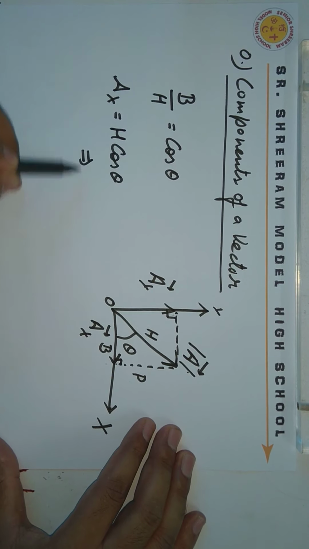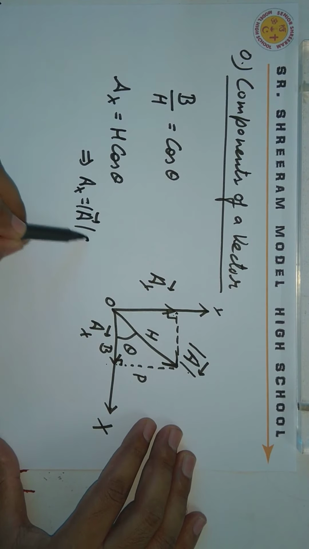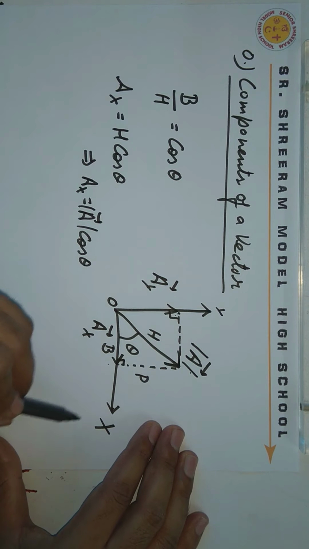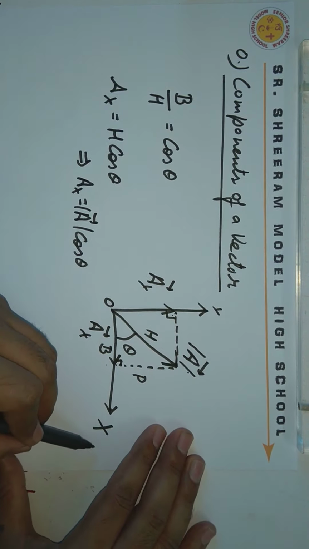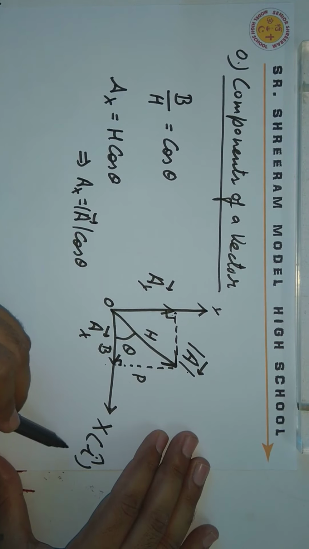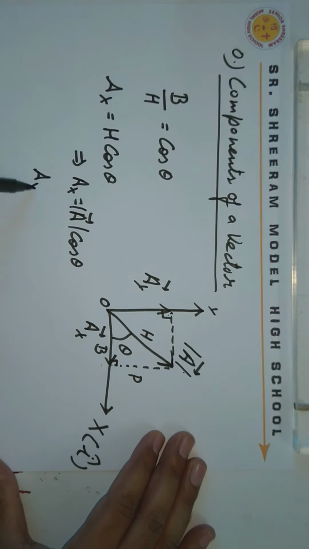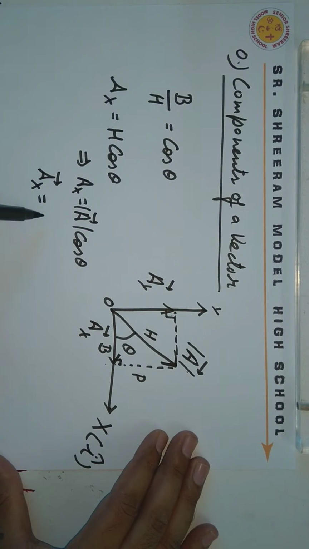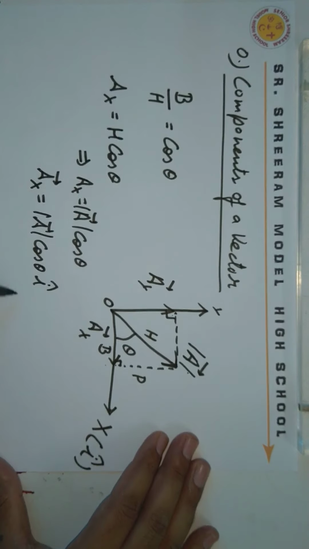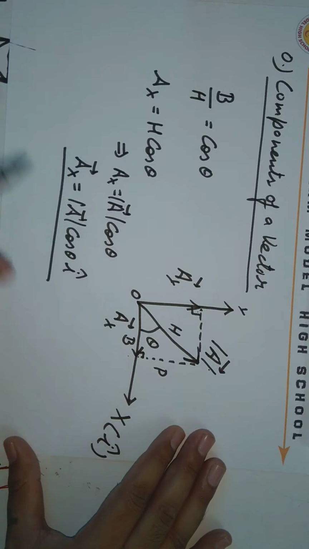Or we can write Ax is equal to the magnitude of vector A times cos theta. Just remember this: a vector pointing along the x-axis is represented by the unit vector i cap. If we put a vector symbol above it, then it becomes this. So this is our x component of vector A.